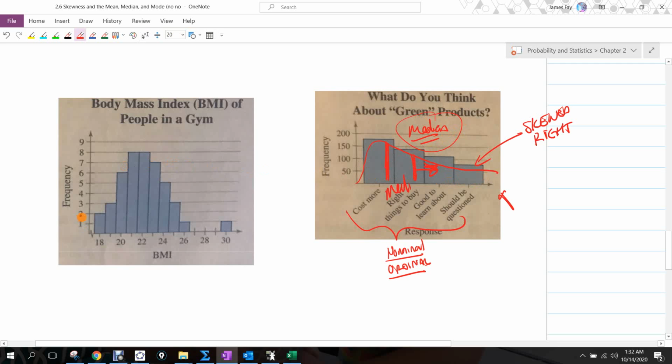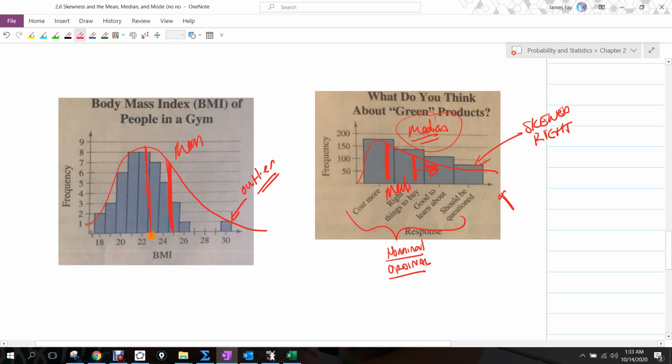If I look at this now, and this is the one that people struggle with. People are like, oh, this looks symmetric. This looks like that shape at the top. But what's happening here is that guy right there being an outlier. If it was symmetric, the mean, median, and mode would all be right here in the middle. But now, because of this outlier, the mean is pulled out to there.